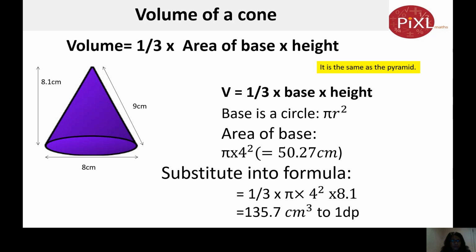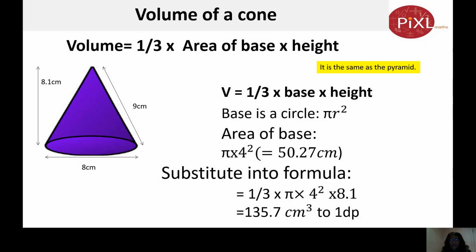Should we use 8.1 or shall we use the 9? Remember, the height is the distance that meets the base at 90 degrees. Looking at this, the 9 centimeter slanting line length does not, whereas the 8.1 meets the base at 90 degrees, so the height is 8.1.